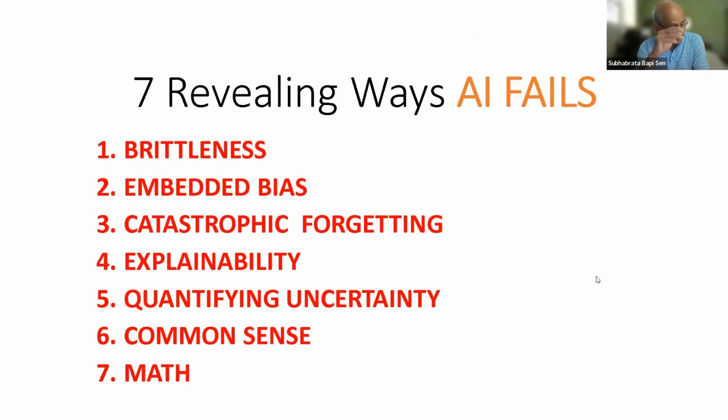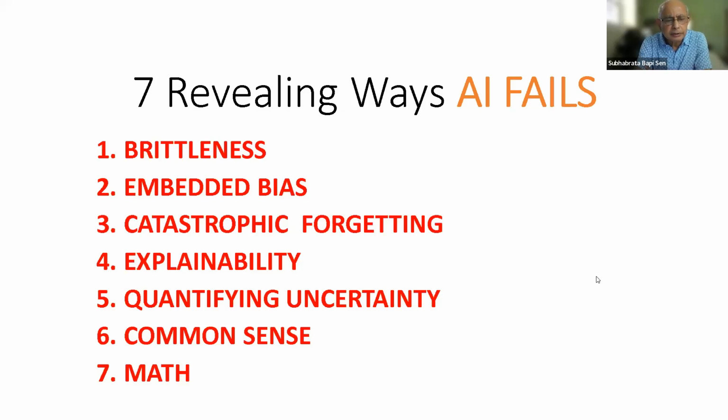AI has always suffered numerous, sometimes deadly failures. Although I previously talked about how AI could help people in many ways, this talk is going to reveal that there are some things we have to be careful about. The reason we have to be careful is that AI fails in a number of ways.